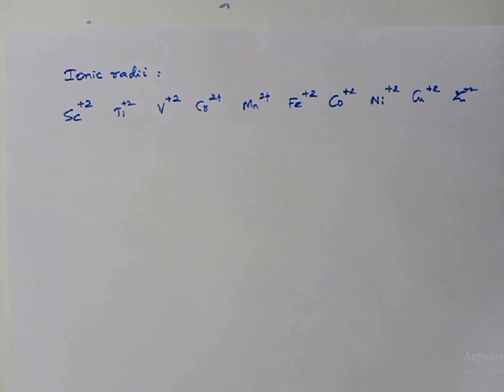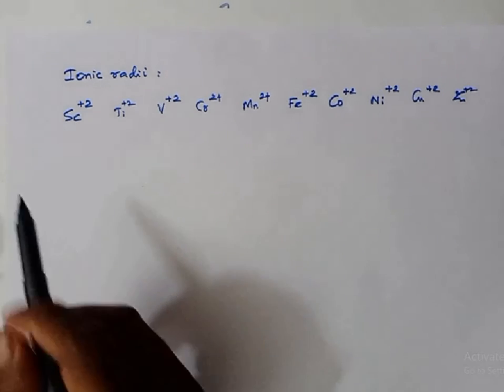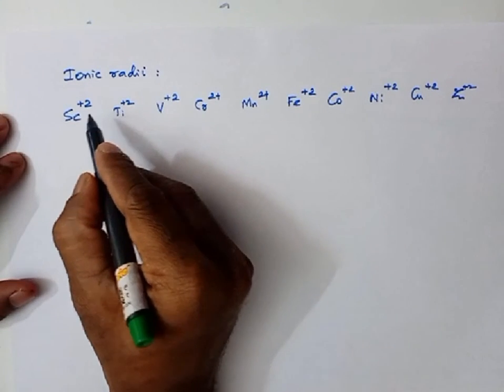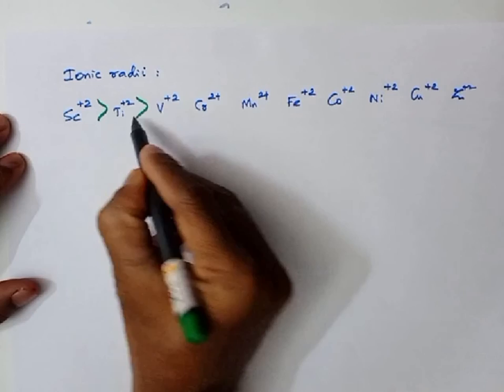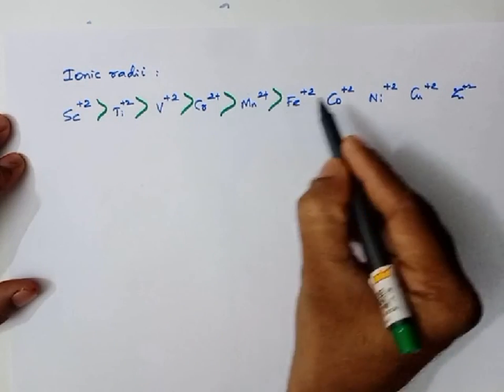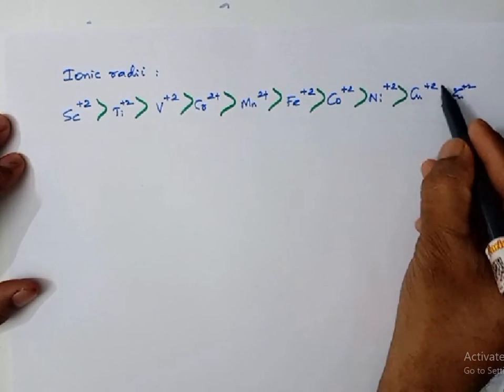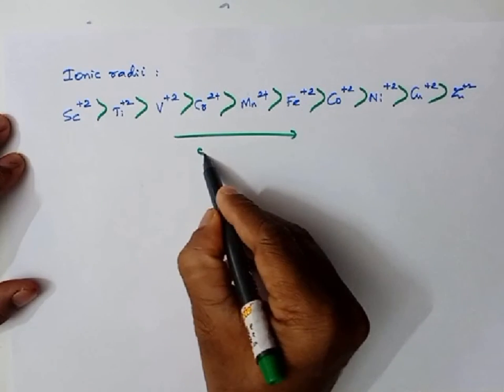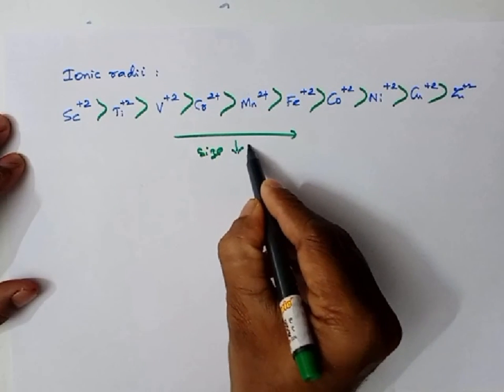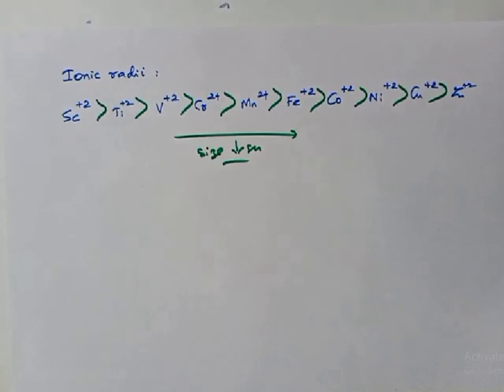How does size vary? Students, in the case of ions, as we move from left to right, the size of the ion decreases, that is, the ionic radius decreases.